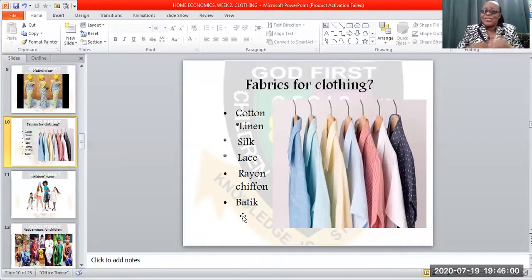These are materials from which our clothes are made. These are materials that are used to make us look so nice and beautiful.